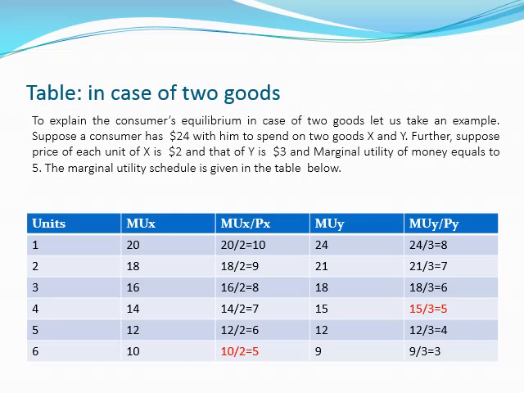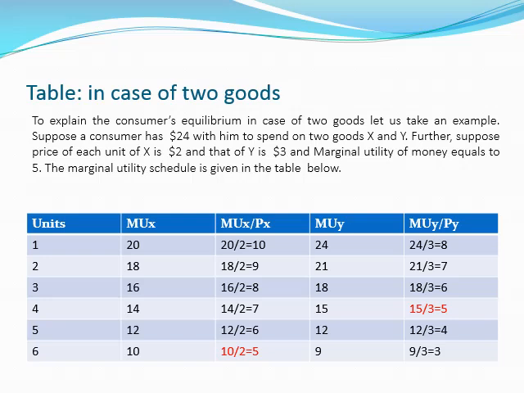The marginal utility schedule is given in the table below. Here there are 6 units of the commodity. The marginal utility is given for X and for Y.